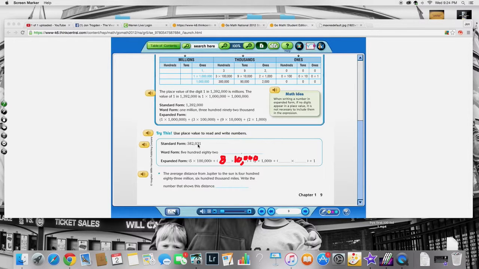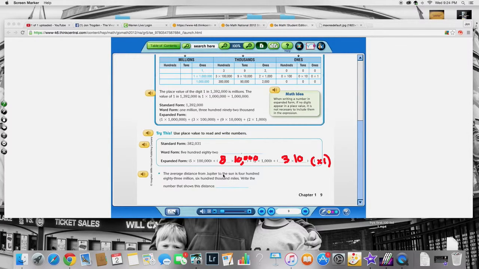We'll leave it out in expanded form. The 3, it's in the tens place, so 3 times 10. And then here plus 1, we could have done 1 times 1. They didn't, but you could. All right, but you don't have to. All right, so there's that.